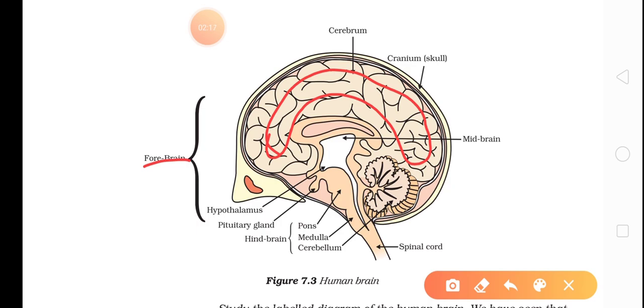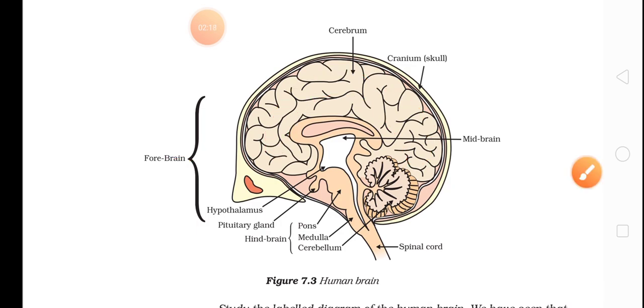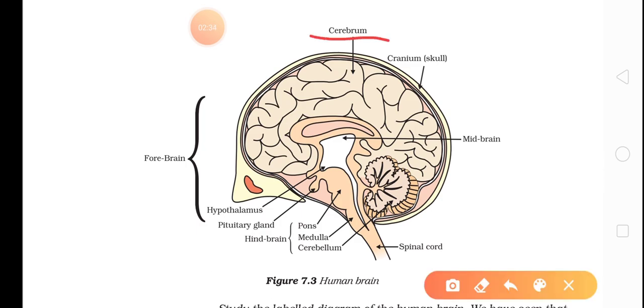This forebrain basically consists of the cerebrum, and the next portion is the hypothalamus, which you see over here.